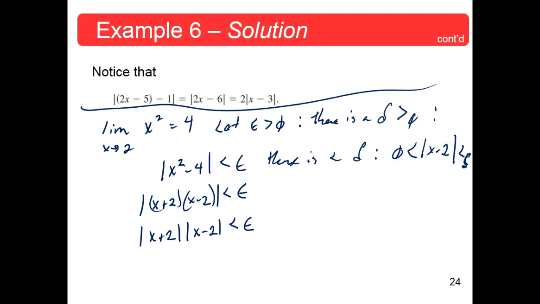Since we're interested in x values close to 2, with x approaching 2, let's choose an x on the interval from 1 to 3.